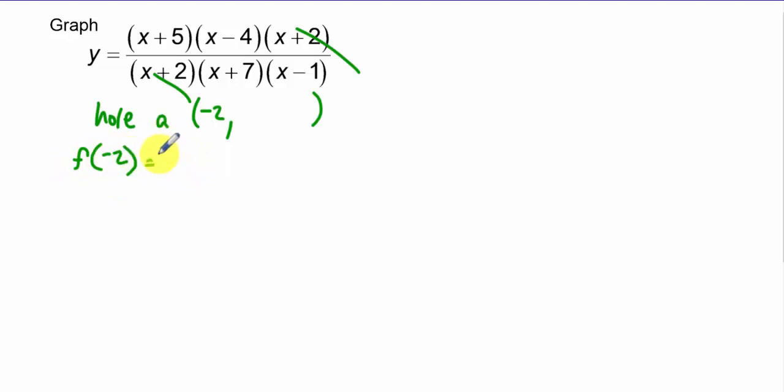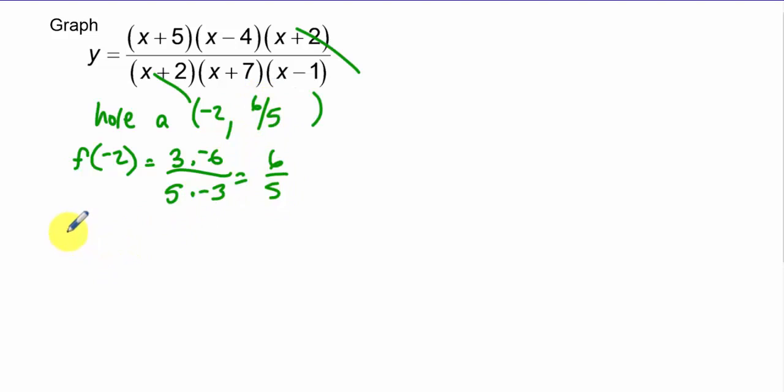So let's do that real quick. That will be 3 and -6 over 5 and -3. The 3's reduce. Negative over negative is a positive.